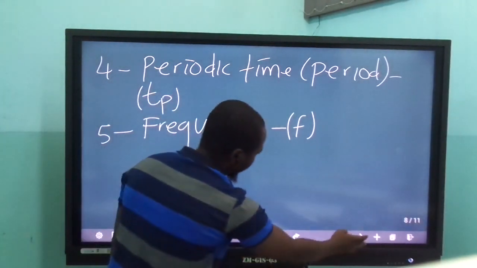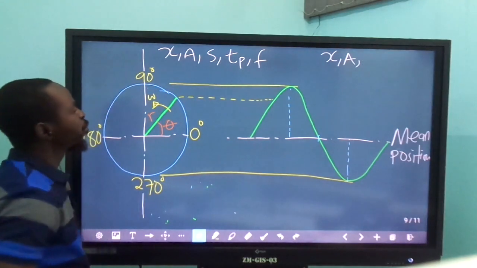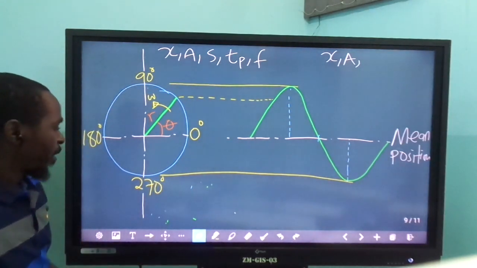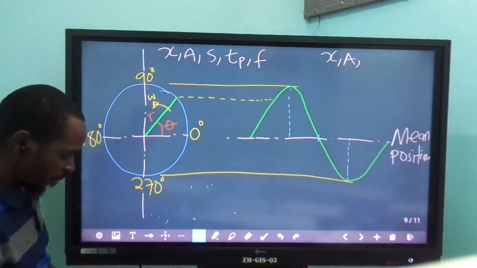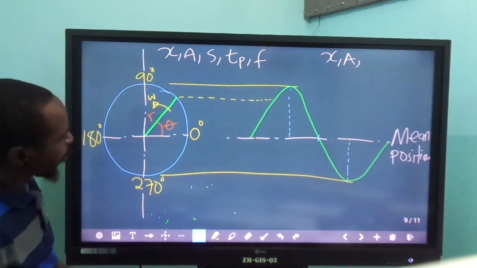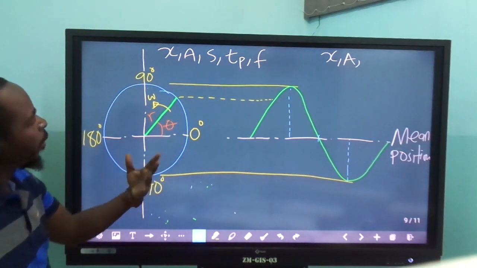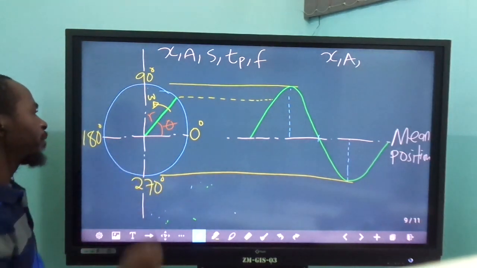And to define these terms, we are going to use this figure.